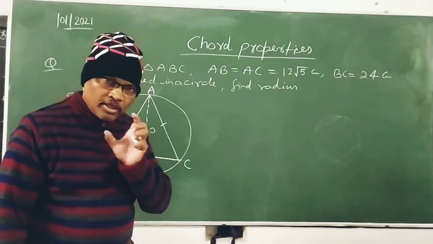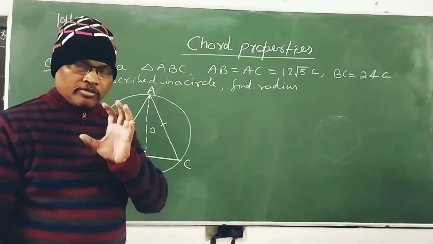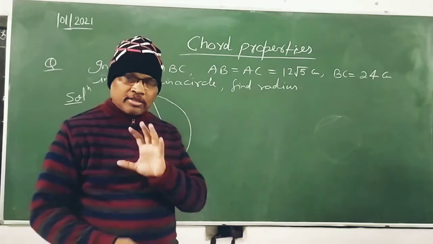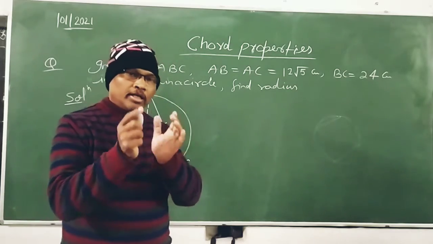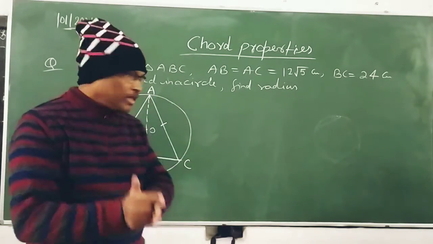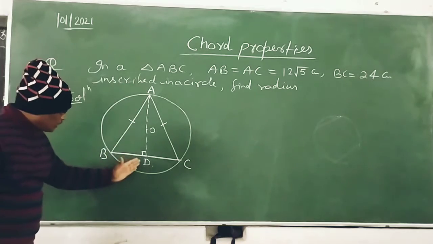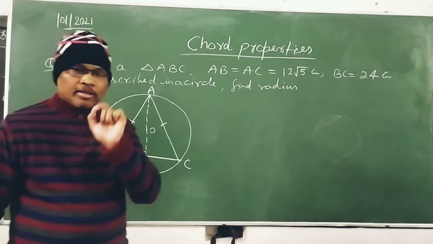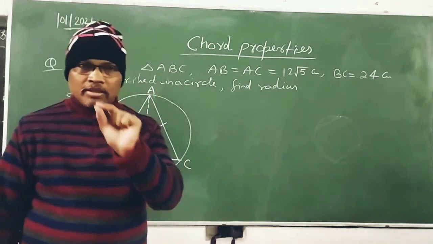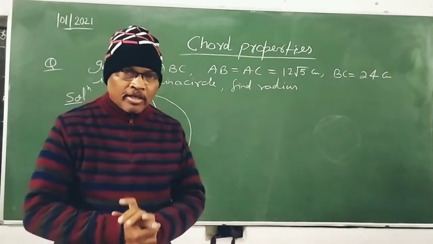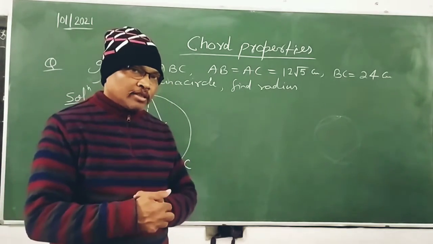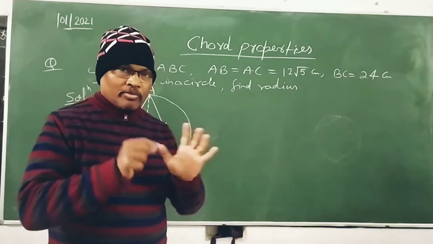By the property of the isosceles triangle, if you draw a line perpendicular from A to the opposite side BC, it will divide BC into equal parts. This is the property of the isosceles triangle, not the other property.